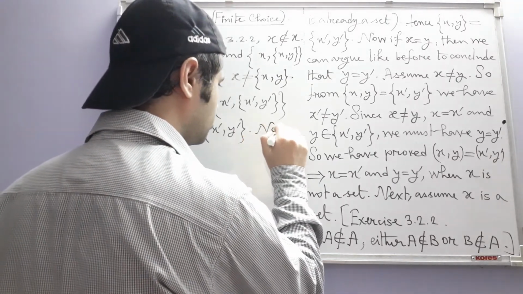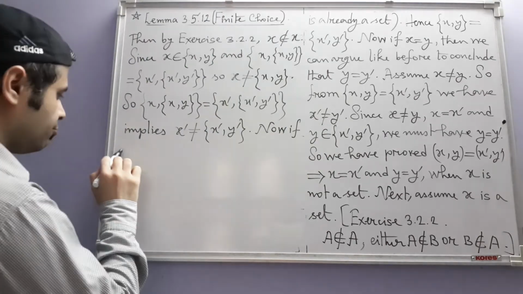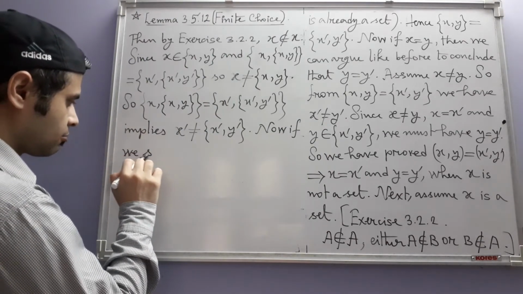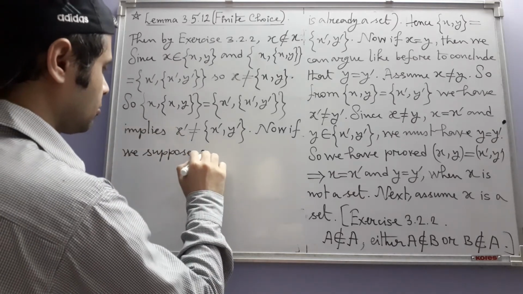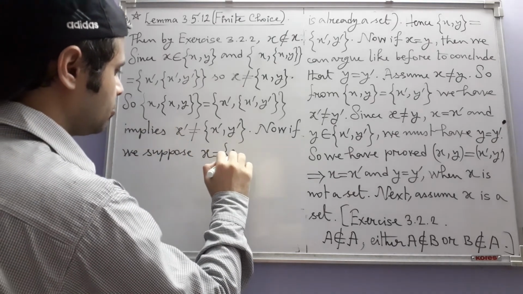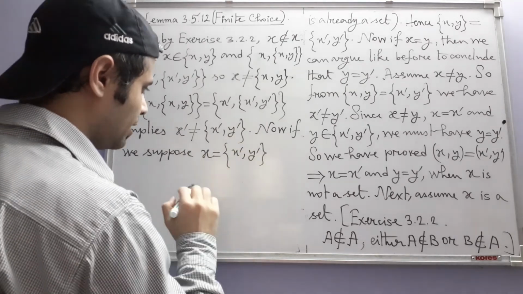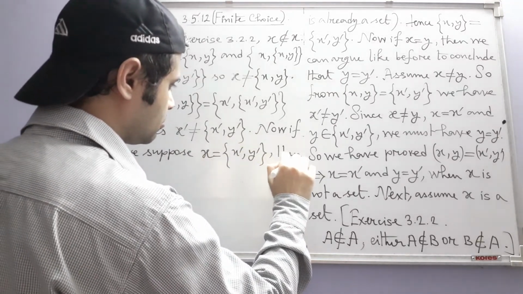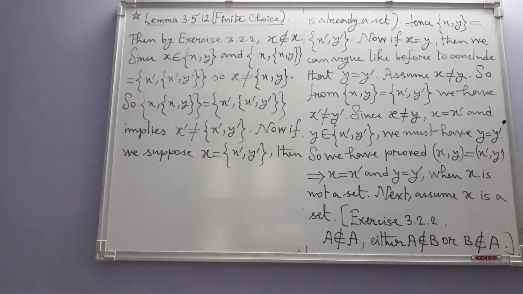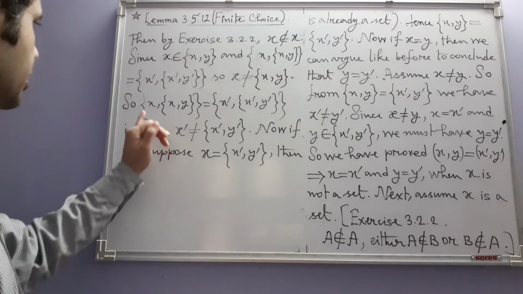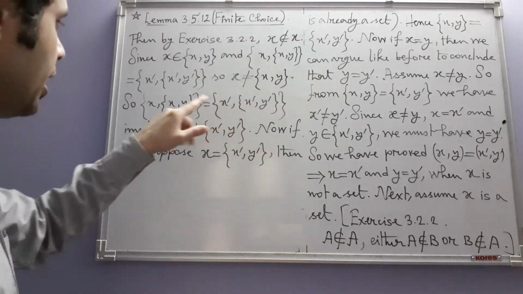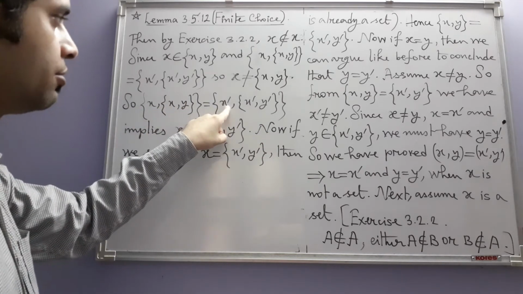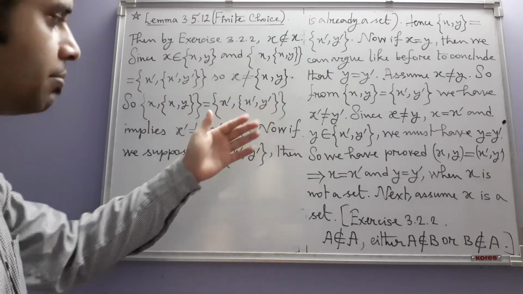Now, if we suppose x is equal to {x', y'}, what is our ultimate aim? Our ultimate aim is to prove that x is equal to x' and y is equal to y'.